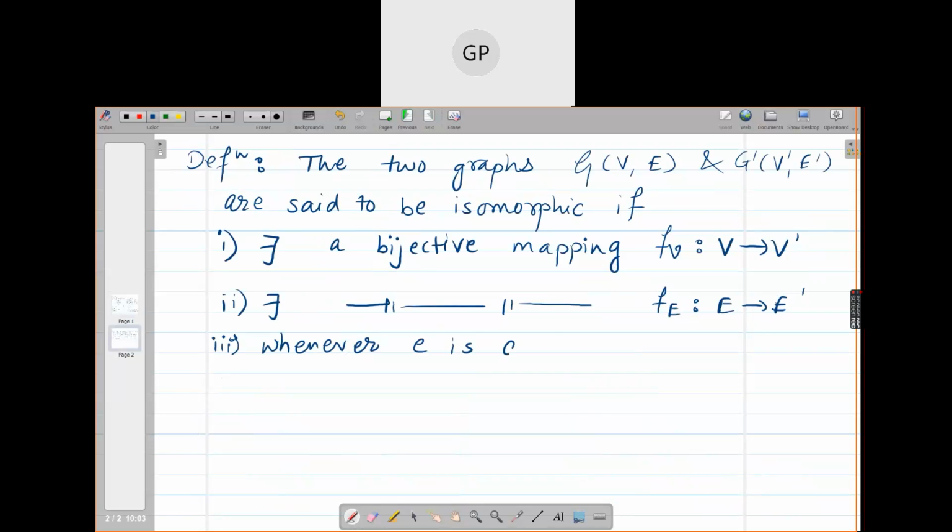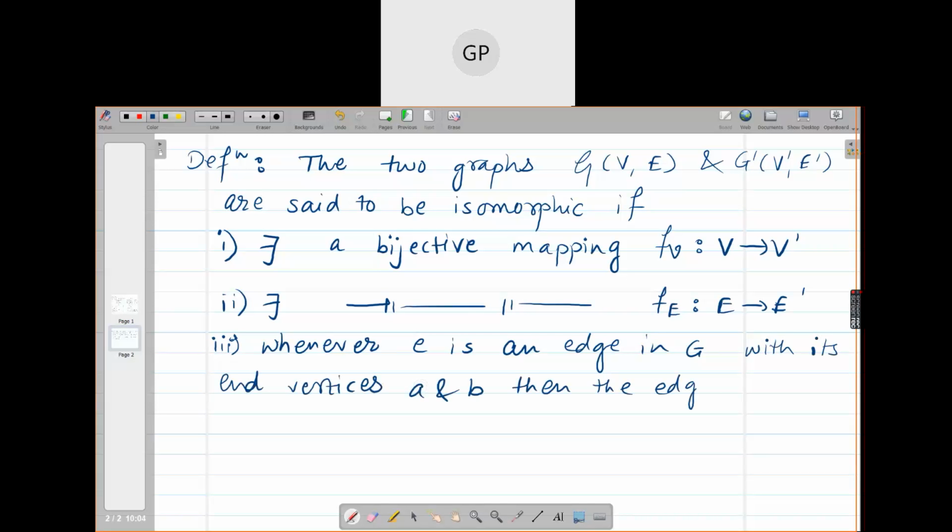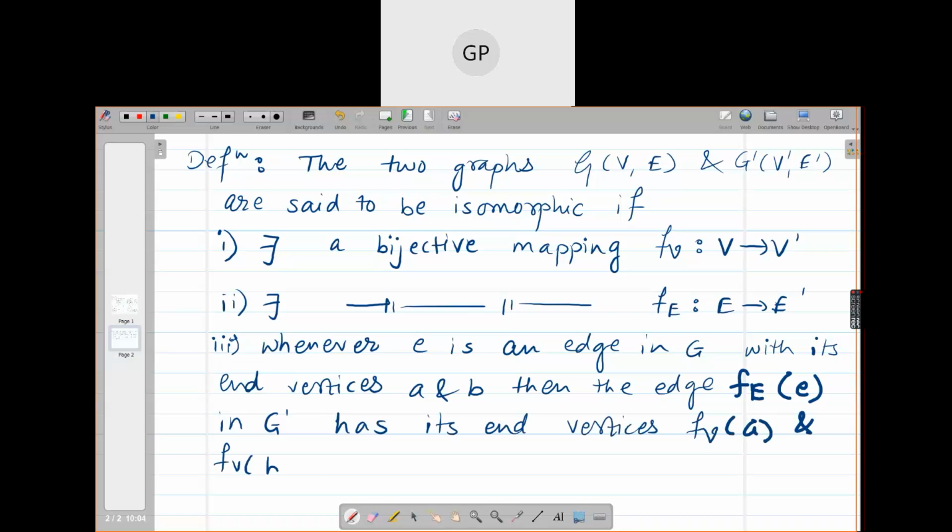Whenever E is an edge in G with its end vertices A and B, then the edge f(E), the image of the edge in G dash, has its end vertices f_V(A) and f_V(B).